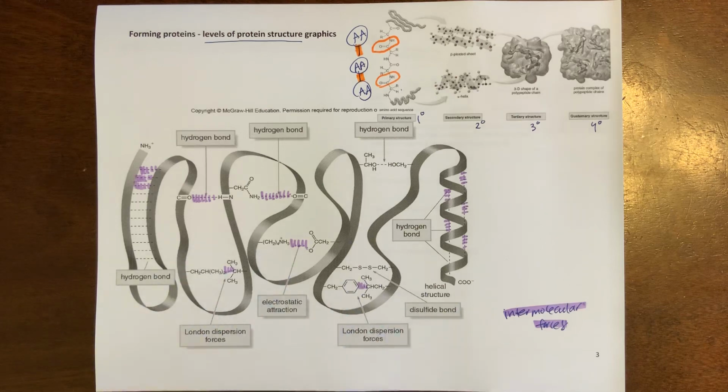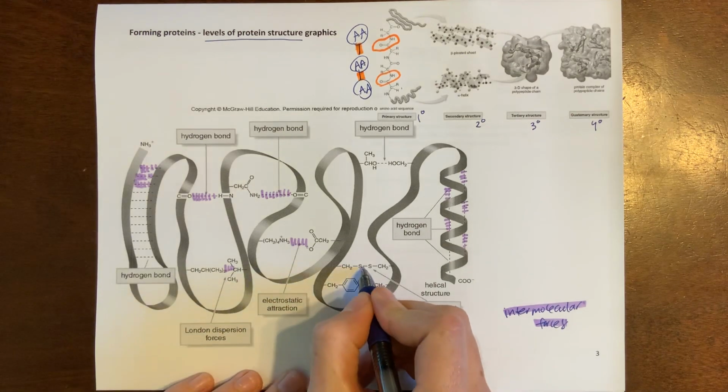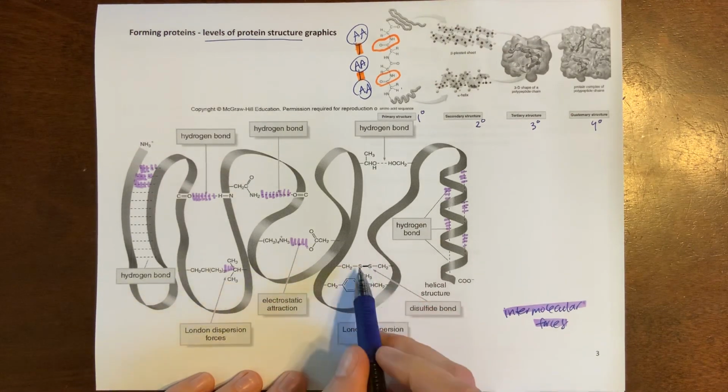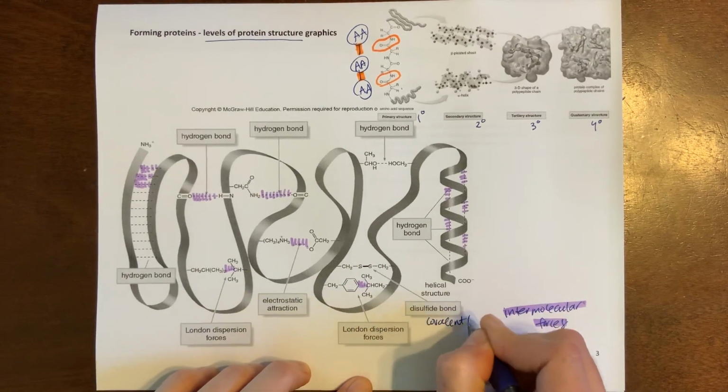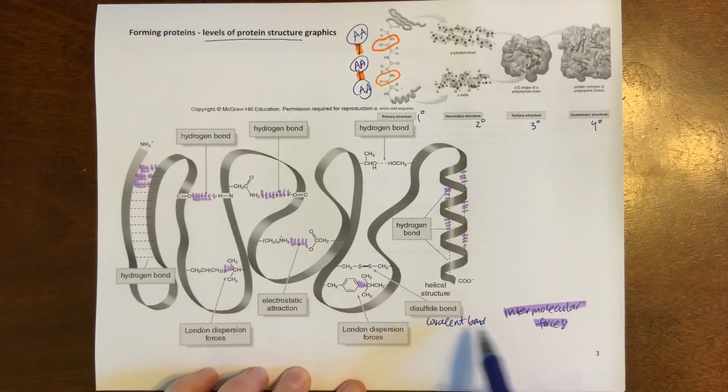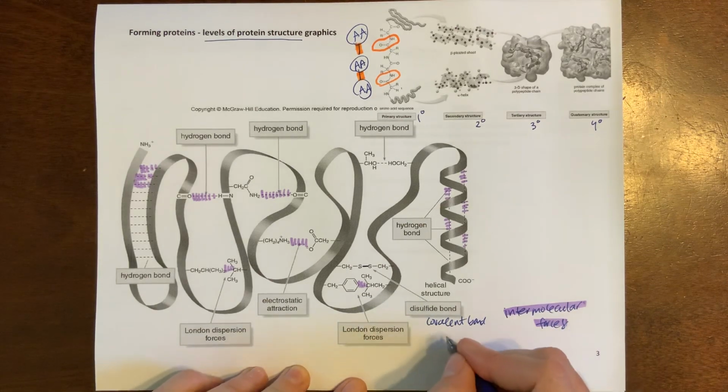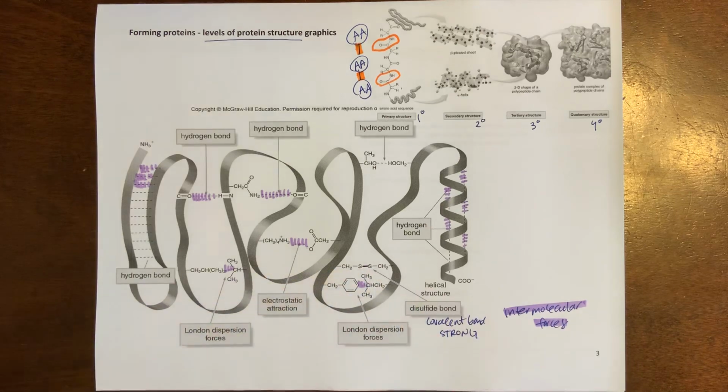There's also one special type of attraction we'll see in a minute where these two sulfurs actually have a covalent bond between them. And so covalent bonds, if you can remember, are a lot stronger than intermolecular forces. So this is a super strong link between those amino acids.